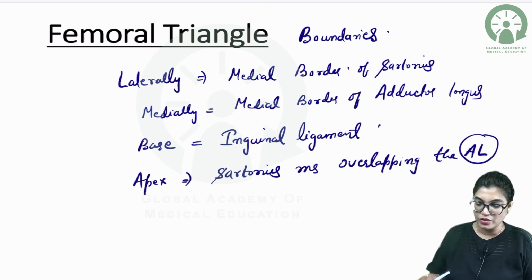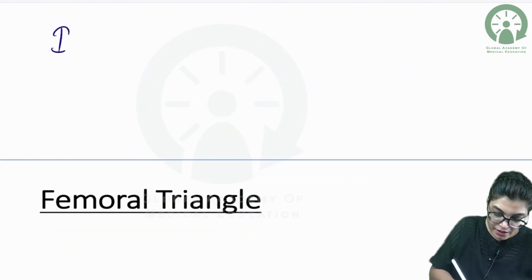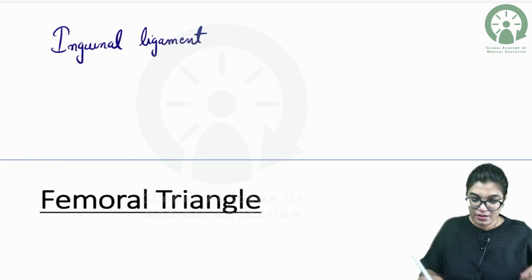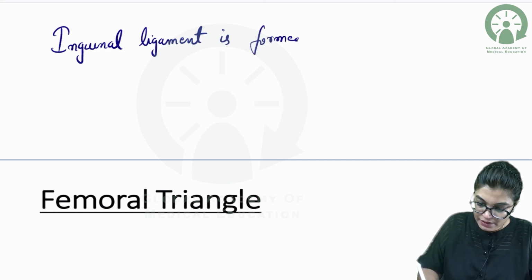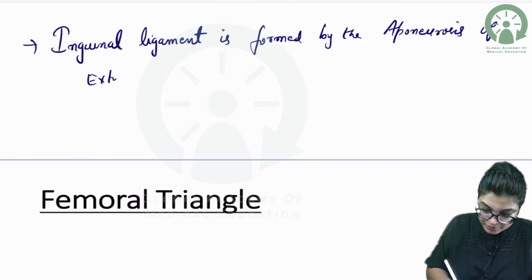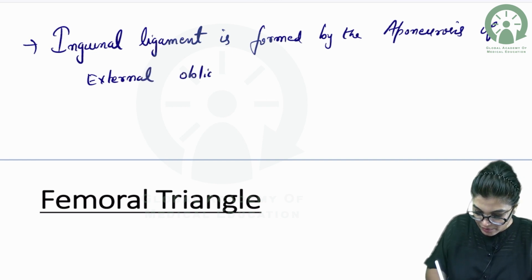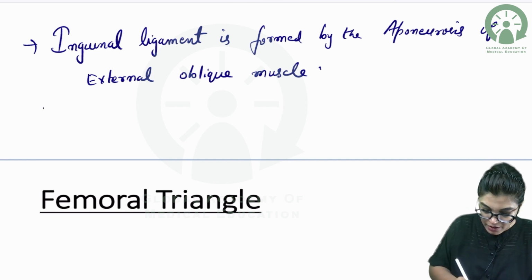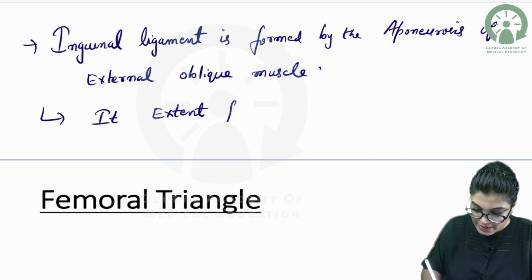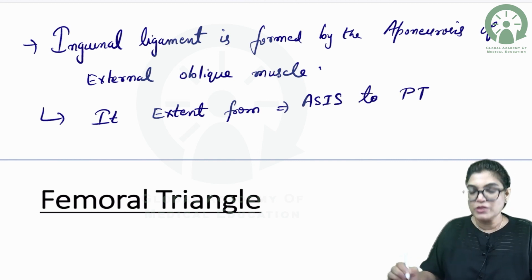If you want to note down, please note down: inguinal ligament is formed by the aponeurosis of external oblique muscle, and it extends from the anterior superior iliac spine to PT, meaning pubic tubercle.